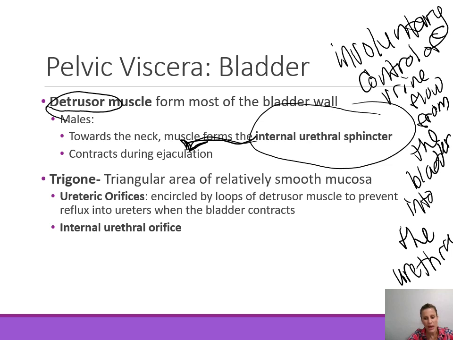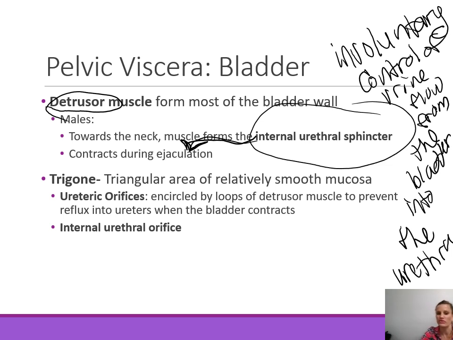So the urethra is a passageway for both urine and semen or ejaculate. During ejaculation, the semen should go through the urethra and exit the penis at the external urethral orifice. We don't want the semen to go into the bladder.